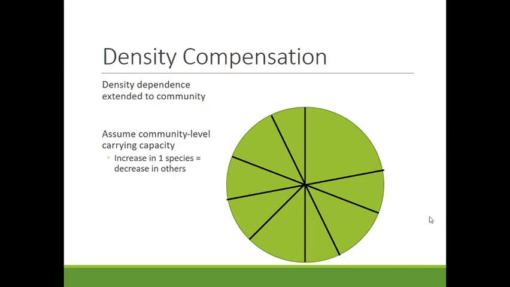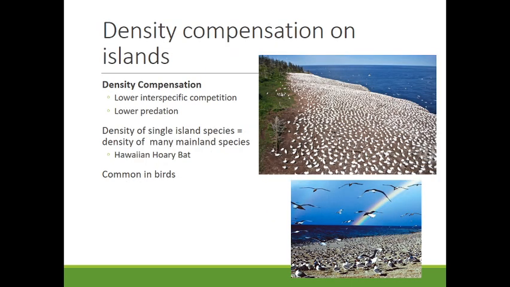And one really interesting place that we see this is on islands. So we see this density compensation on big islands in the ocean. We think of an island as isolated in the middle of the ocean. It doesn't even need to be far from the mainland, but there are not as many species there.